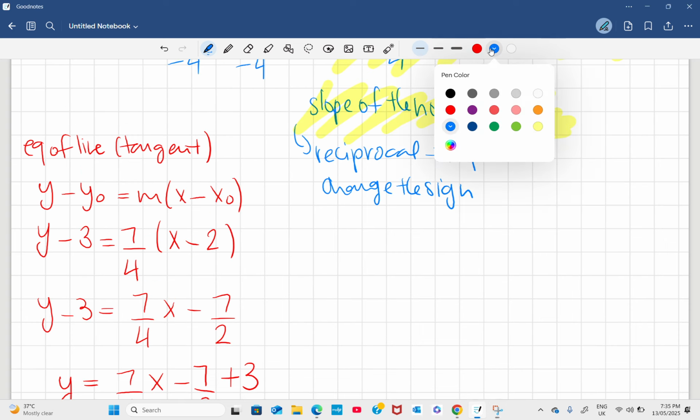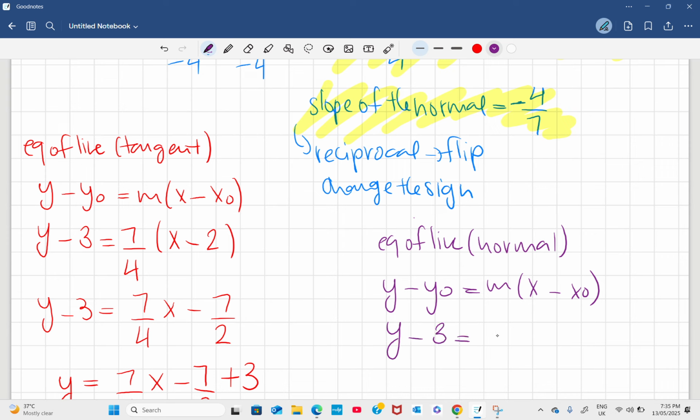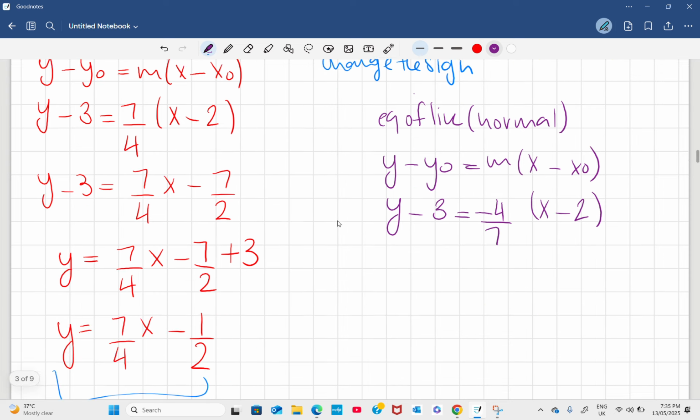Now I'm gonna find the equation of the normal line. I'm also gonna do y minus y0 equals m into x minus x0. Y minus 3, and we found the slope to be negative 4 over 7, x minus 2. Now I'm gonna continue.